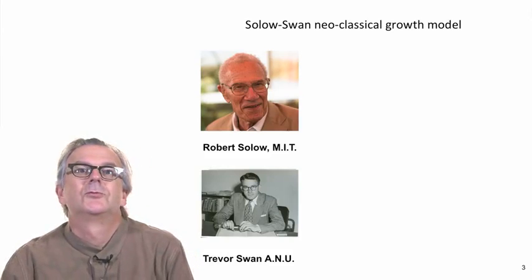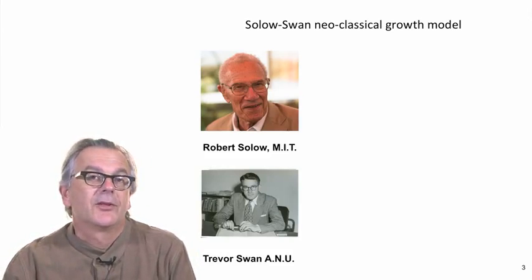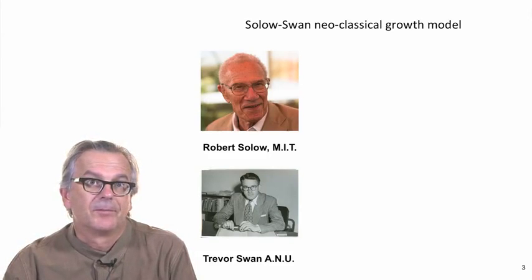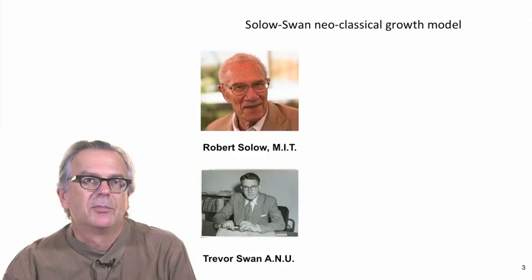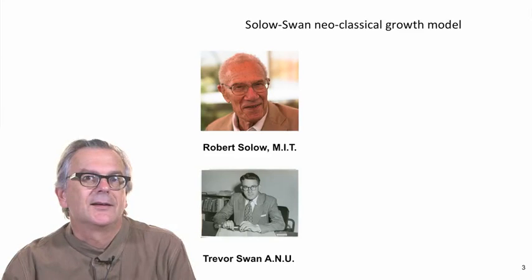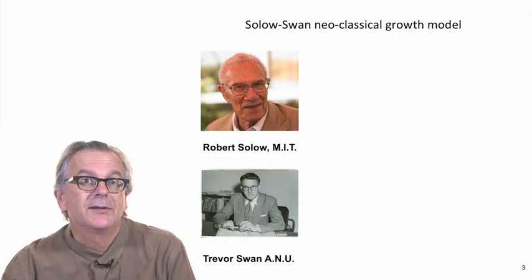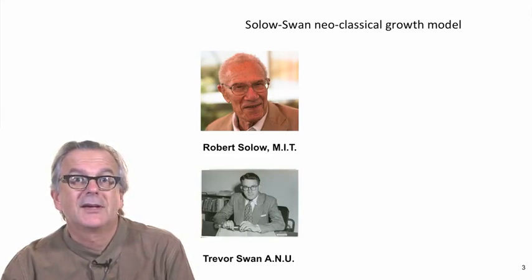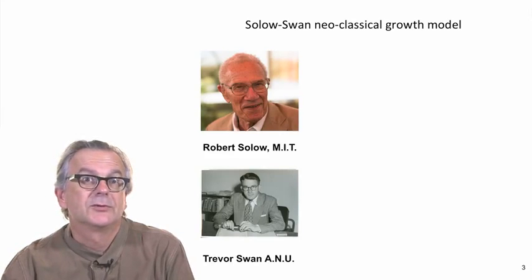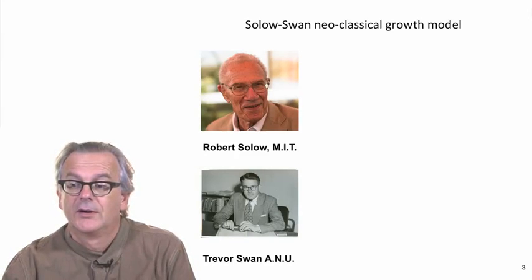The model, as you'll see, picks up on a lot of the themes we've already been exploring, and it's remarkable because of its simplicity. It's a beautifully elegant model. It's elegant in how simple it is, how it just builds on some key foundation principles in economics, principles we've already explored.